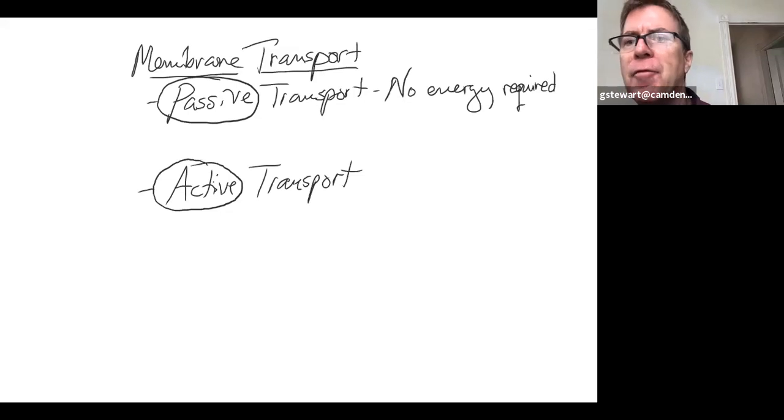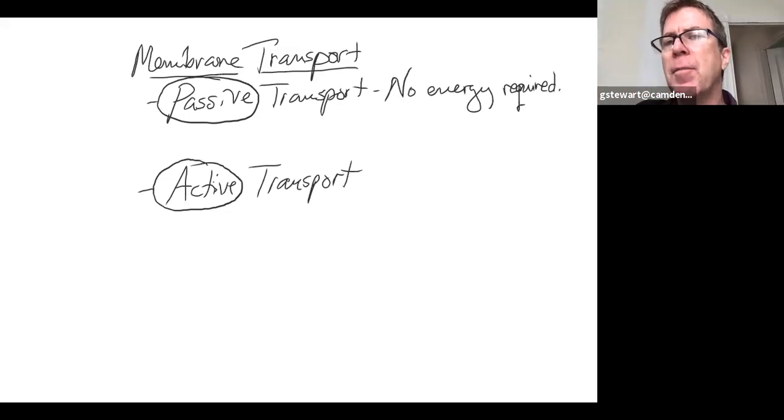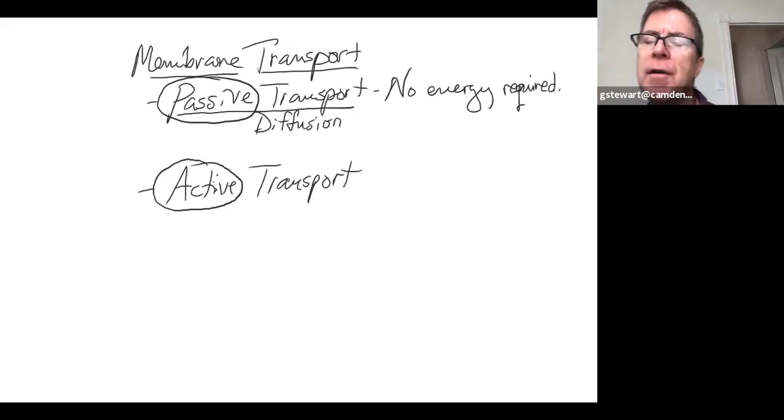Classic example of passive transport is diffusion. That word just means the passive movement of molecules from a place of higher concentration to lower. And there's no energy required for this to happen.